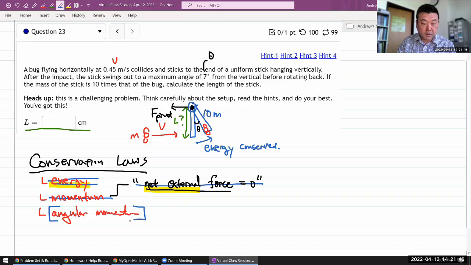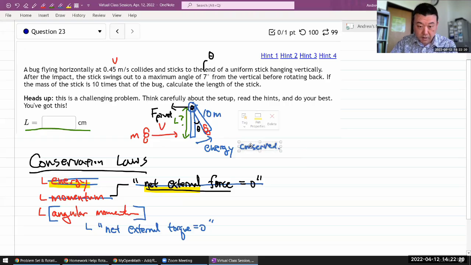So with angular momentum, what you worry about is what is the net external torque. It's a similar condition as momentum, except we're talking about torque, not force. So in this setup, in the collision process, we can make it so that by choosing this as the center of rotation, we make the torque due to the pivot force 0, and all other external forces like gravity are not going to be applying any torque during the interaction either.